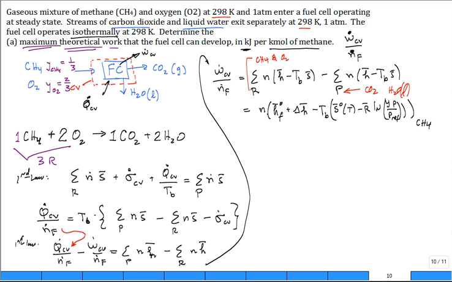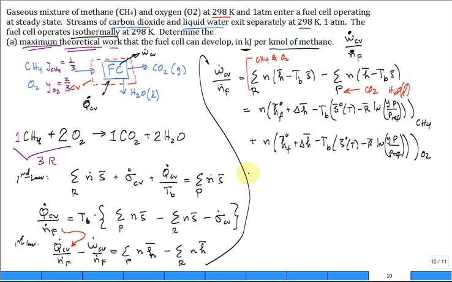All right, and all of that's for the CH4. Then we would have the same thing for the oxygen: the number of moles times the enthalpy of formation plus the change in the enthalpy from the reference 298 to whatever the reactant is coming in at, minus TB times S bar naught at T minus R bar natural log of y P over P ref, close paren, for the O2.